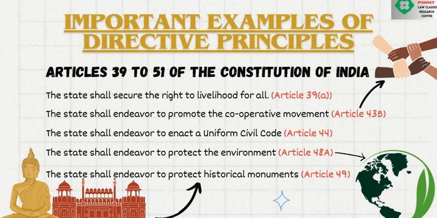Some of the important examples of directive principles are: number 1, the right to livelihood under Article 39(a), promotion of the cooperative movement under Article 43B, enactment at some point of time of a uniform civil code which falls under Article 44, protection of the environment which falls under Article 48A, and protection of historical monuments which falls under Article 49.